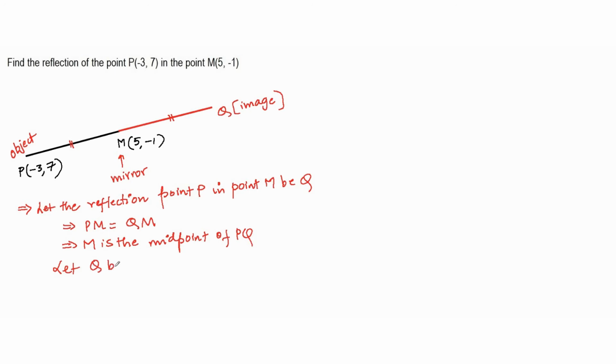So let Q be Q of x, y. So the coordinate of Q is Q of x, y. And now I can say that using the midpoint formula, minus 3 plus x the whole divided by 2.